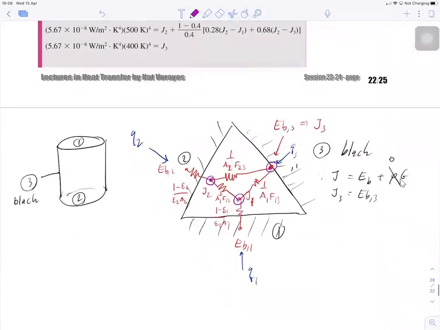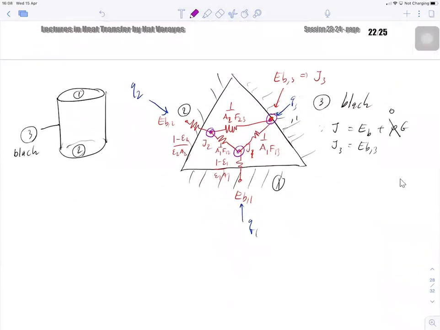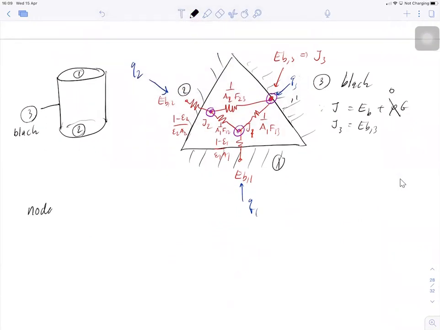So I pop this up back and I change the color to black. Nodal analysis on J1. What do you have? Q1 is going to be equal to Q12 plus Q13, right? What is the Q1 again?